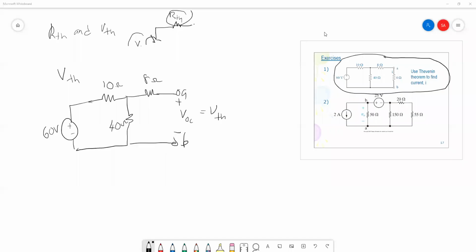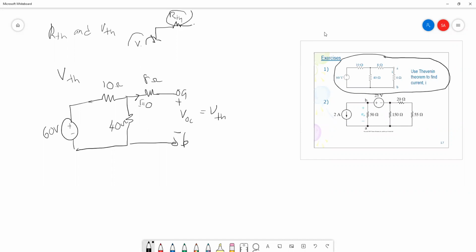Okay, there is this tricky question because you may consider this one. But if you look carefully inside this circuit, this terminal AB is an open circuit. So the current that flows into the 8 ohm is 0.